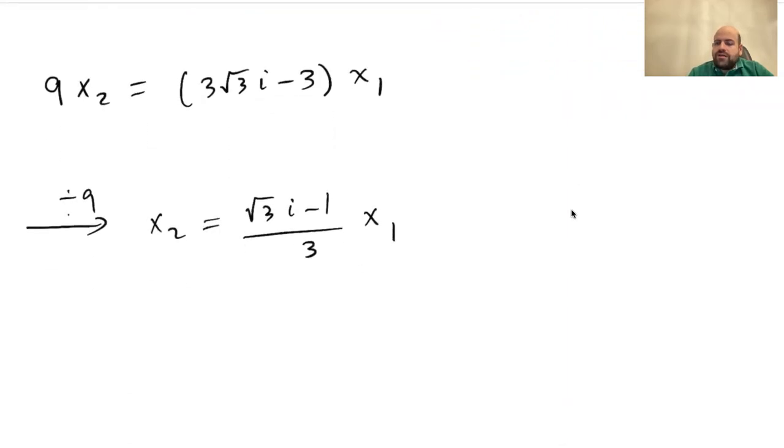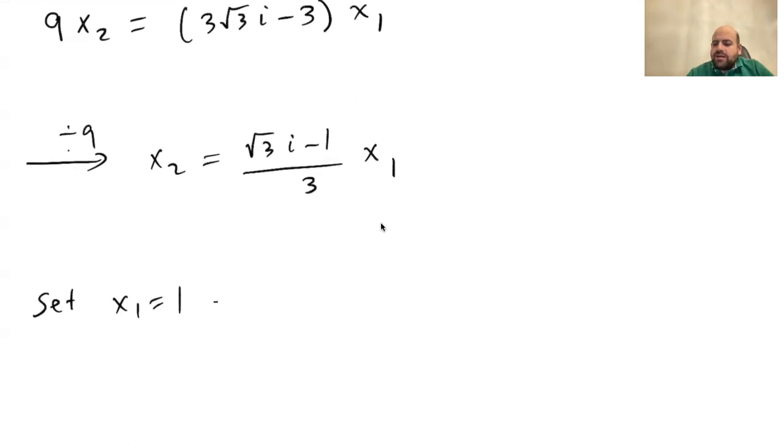To find an eigenvector, remember we are going to have infinitely many eigenvectors, but we are only interested in the linearly independent ones. So I just need to set x1 to be, let's say, 1, and then I can find x2 easily using this equation. x2 will be equal to root 3i minus 1 divided by 3.